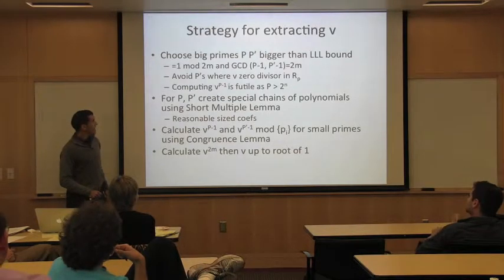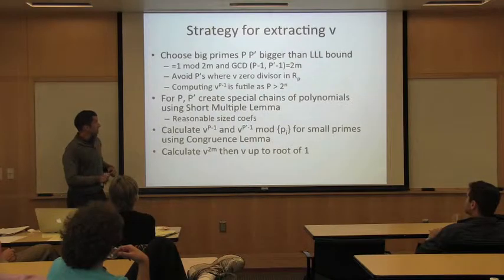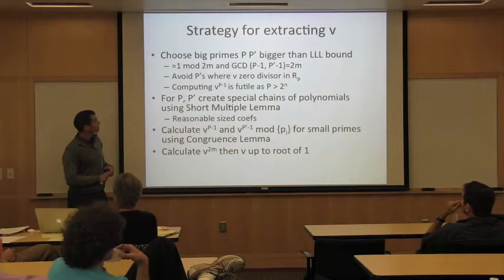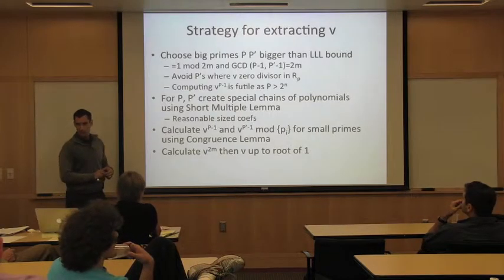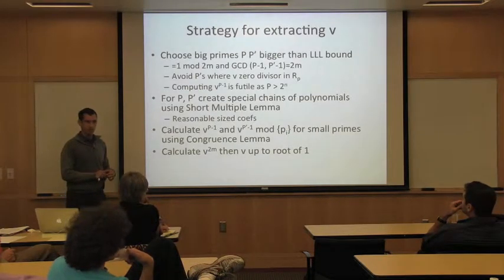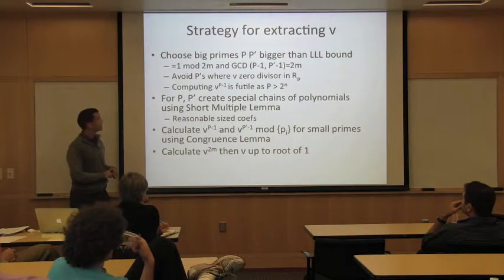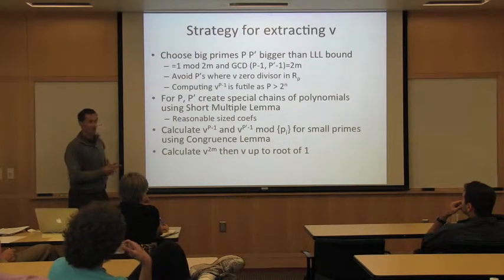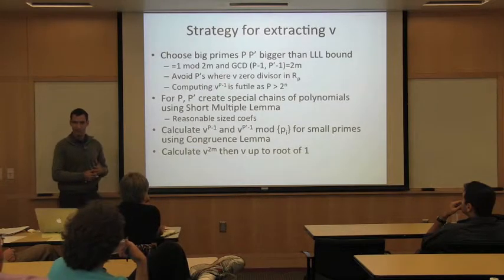And we're also going to avoid certain prime numbers where v is a zero divisor in R mod PR. That's a technical condition. You can see why it's going to come up when I do the polynomial chains, because you have to do a division. But it's not a very onerous condition. It's easy to satisfy.